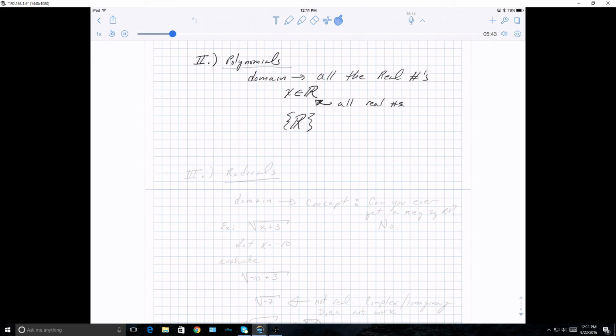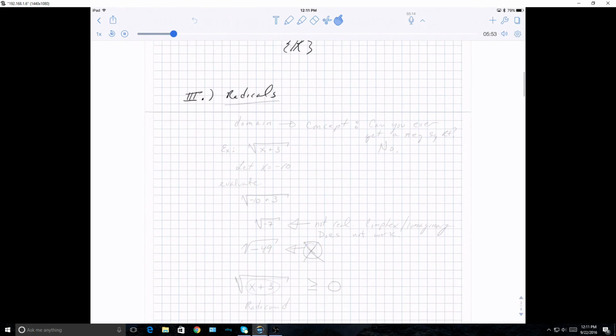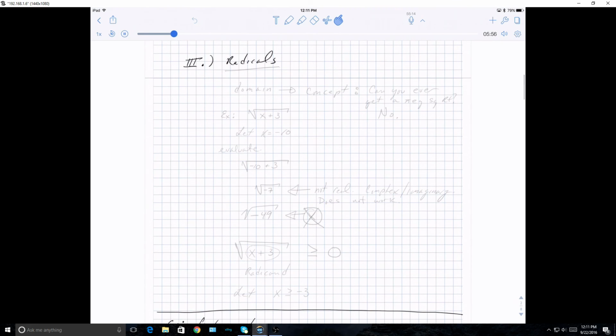So let's talk about the middle case. Well, one of the middle cases here, and those are the radicals. And the radicals aren't too bad either. Their domain is quite simple. And the concept behind it, how should we put it?